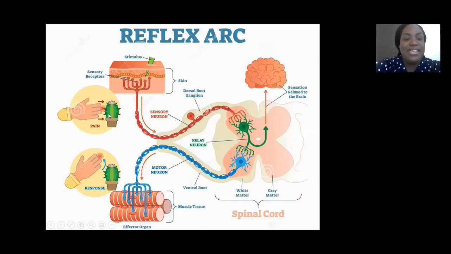The stimulus is this cactus, which has a spine that's being stuck into a finger. So this skin is on your finger. And here we have your sensory receptors in your skin detecting the pain that you feel when you prick your finger.